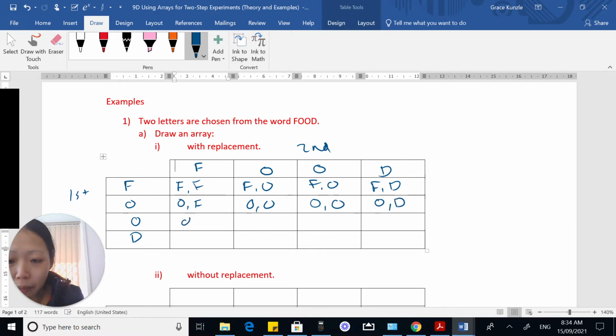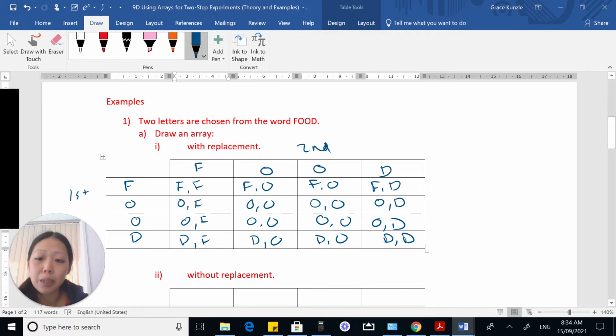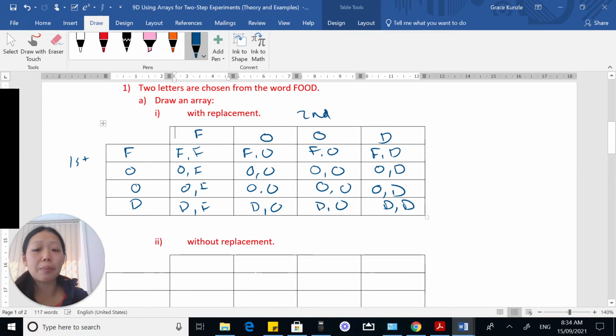I'm just going to quickly finish this off. Now the order is important because this one tells me my first choice and this one tells me my second choice. Okay, that's with replacement.